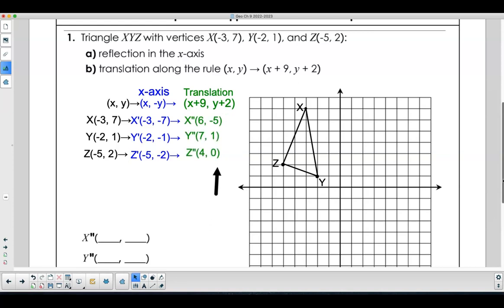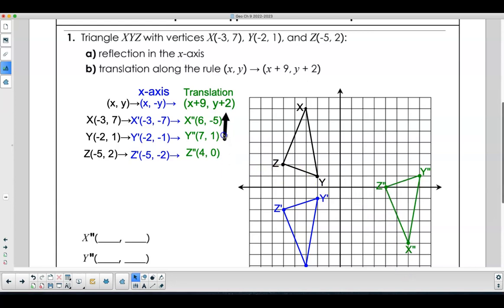What this looks like on my axis is, first of all, the reflection across the line. Everything is on a perpendicular line: I walk to the line of reflection and walk away the same distance. So I've got this, that's my blue reflection. And then I translate over 9, up 2, and I get my new points.